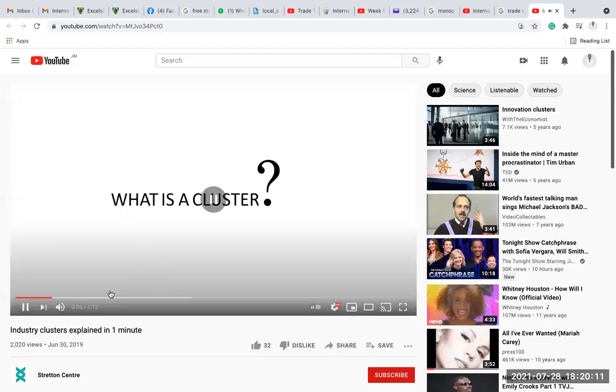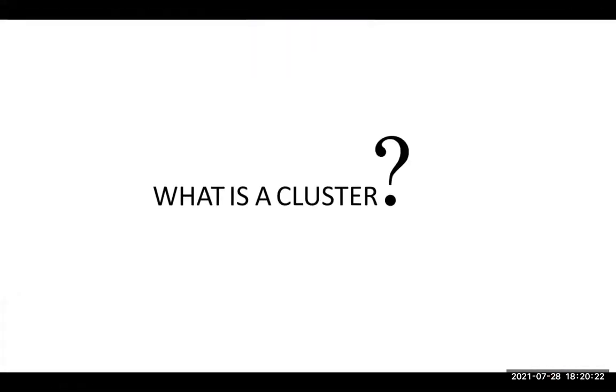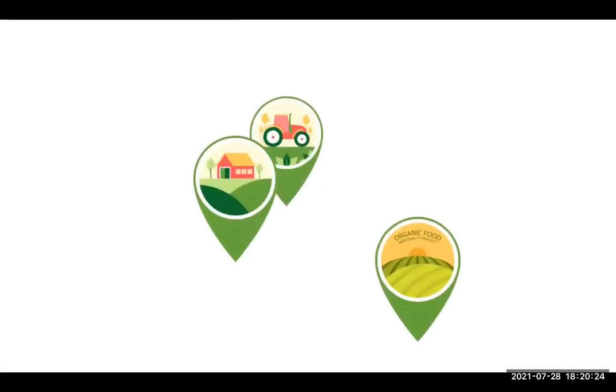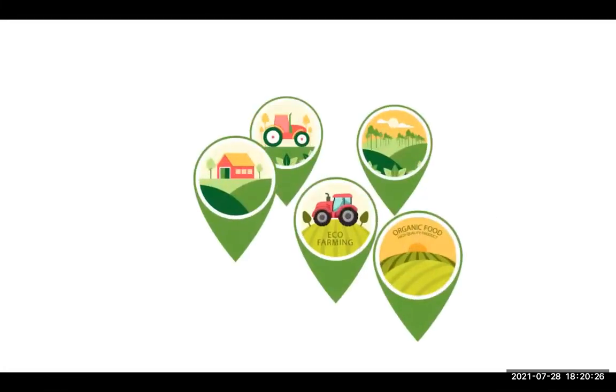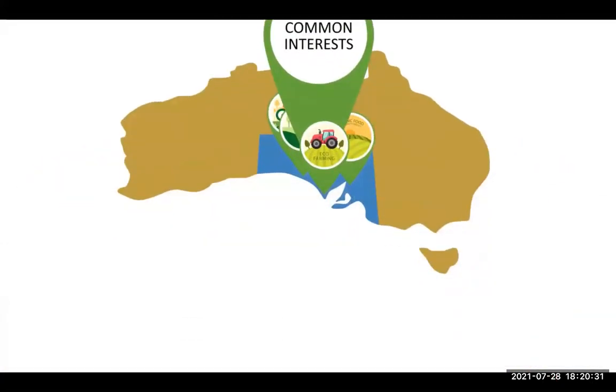What exactly is a cluster? Clusters are considered effective models for economic growth all over the world. But what exactly is a cluster? A cluster occurs when a group of similar and related firms in close geographic proximity come together to act on common interests.